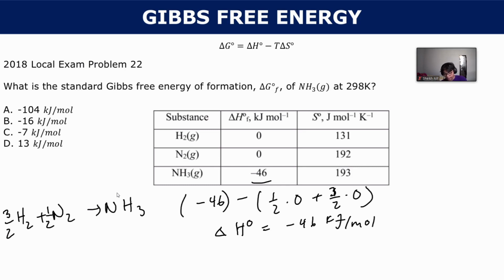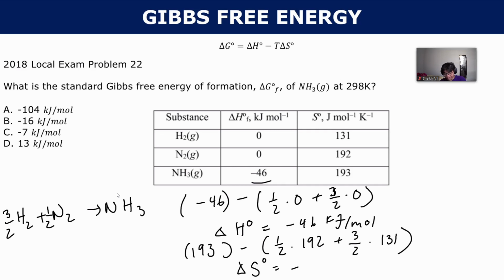Our entropy is going to be 193 minus, 1/2 times 192 plus 3/2 times 131. So our change in entropy comes out to about negative 0.0995 kilojoules per mole Kelvin.